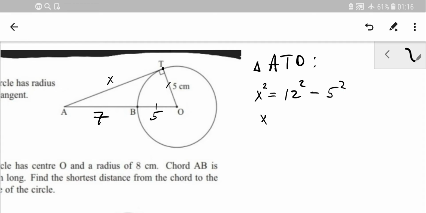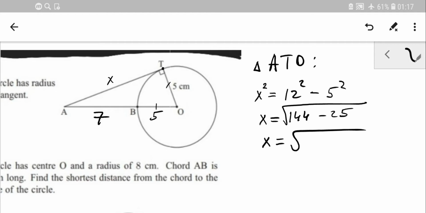Okay, so we'll get the following: 12 squared is 144 minus 25, and we take the square root of that. So x equals the square root of, let's calculate, 144 minus 25, which is 119.